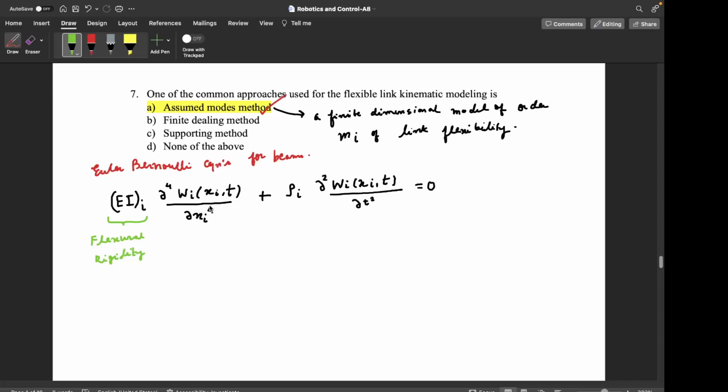This is the density of the link, and we assume that this is uniform, so there is no dependence on space or time. And again, the second term is the second order partial derivative of the deflection with respect to time, right?